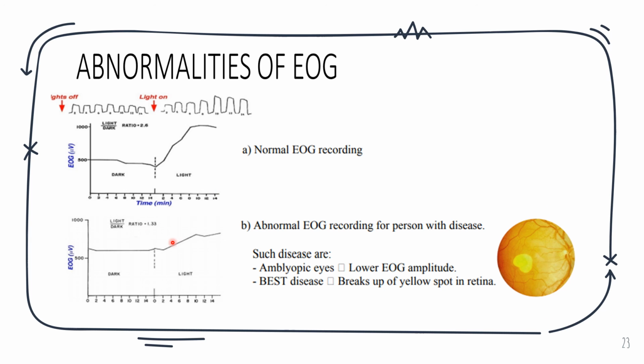The ratio will be much lesser than the normal person, normal eye. We can see here the dark is much higher than the normal one, and the graph will be like this.